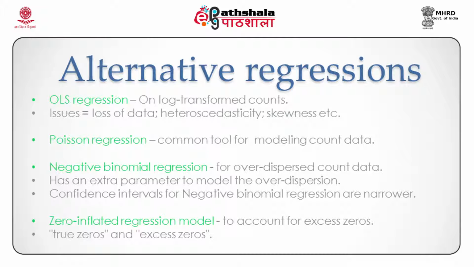We make a distinction between true zeros and excess zeros. That is, we assume that the population is not really homogeneous, but is made up of a mixture of two populations, one of which is discrete at 0. So in this case, it would represent a group of students who never receive awards and a group of students who receive awards.